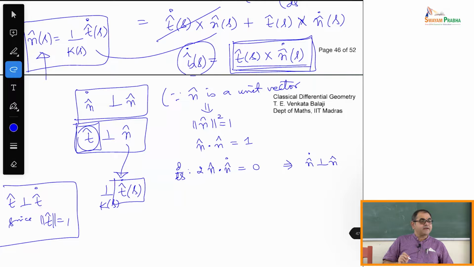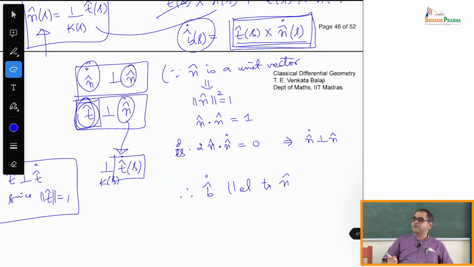But there is one candidate. This n hat is the vector that's perpendicular to both b hat dot and t hat. Therefore the moral of the story is that b hat dot must be parallel to n hat. That means they should differ by a scalar.